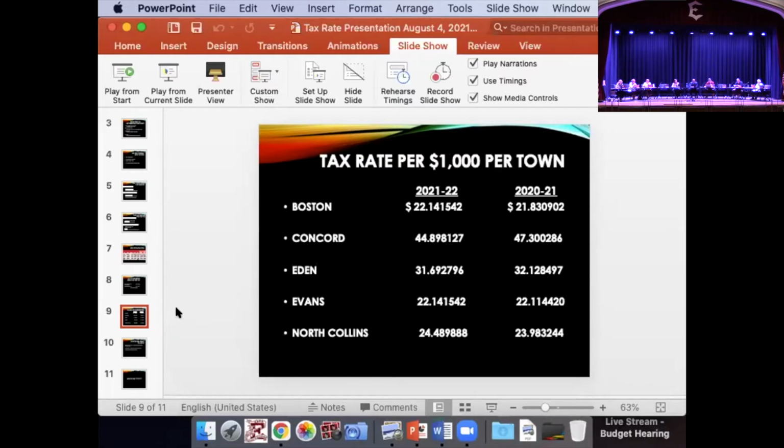Evans went from 22.11 to 22.14. North Collins went from 23.983 to 24.489. Not a single tax rate is equal to last year's, even though the levy did not change by a penny.